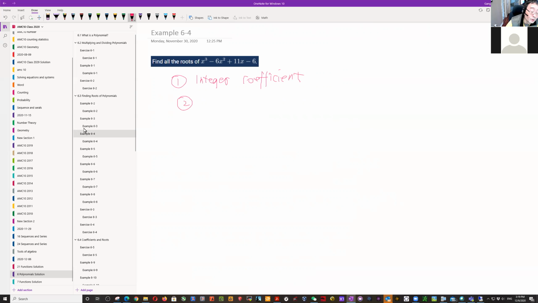Second, we can see how many positive and negative roots we will have. Positive, negative, positive, negative: from positive to negative is one sign change, another sign change, so 3 sign changes, and we have 3 possible positive roots.